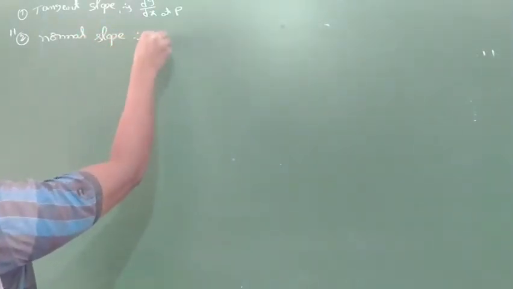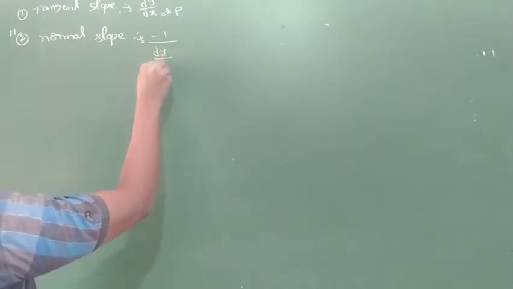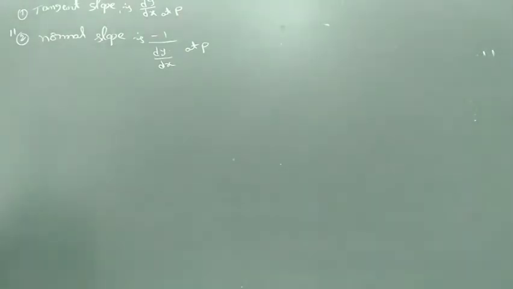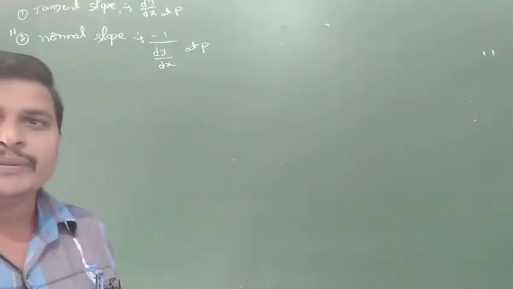Normal slope is minus 1 by dy by dx at P.